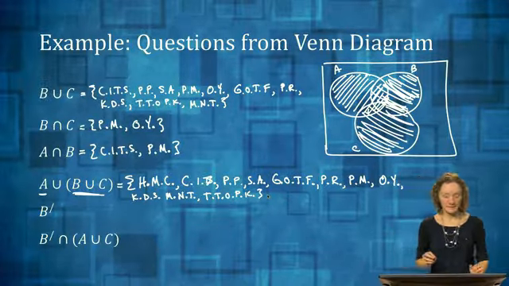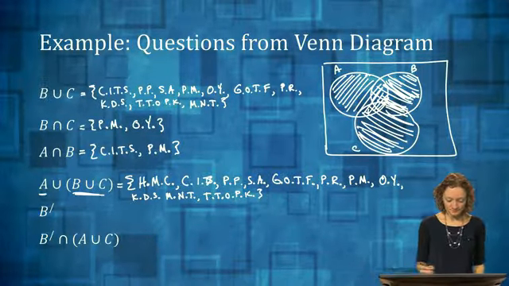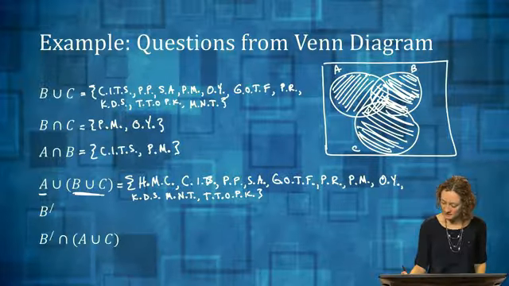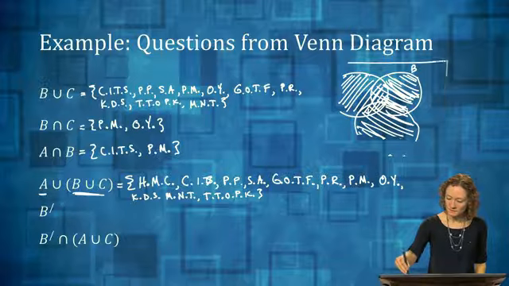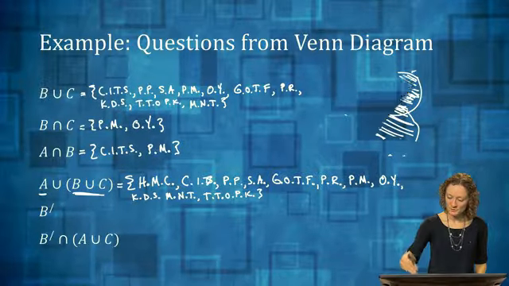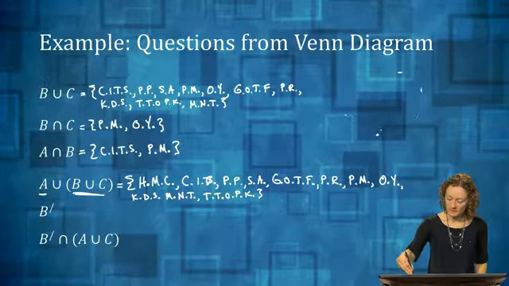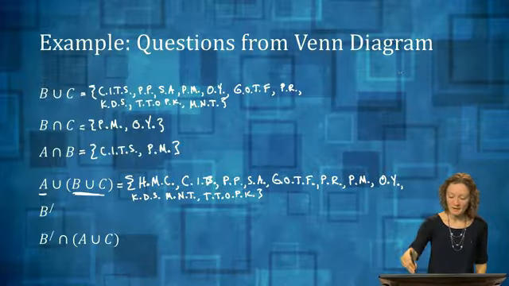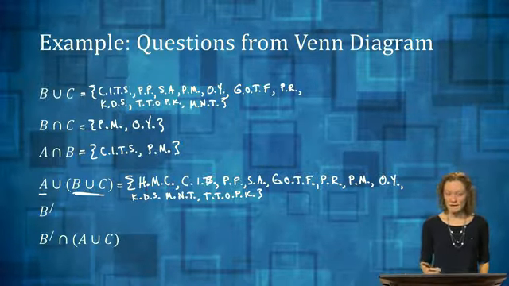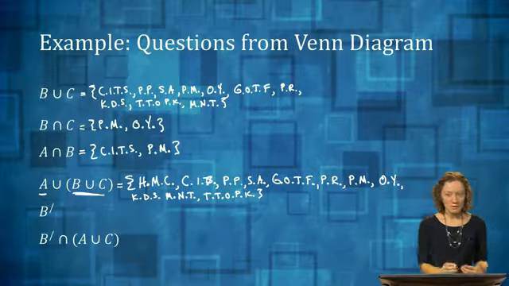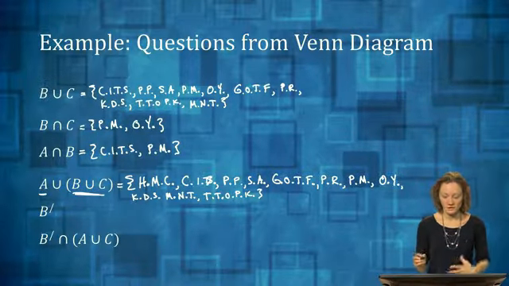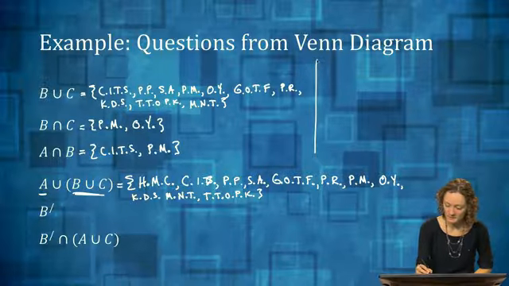All right. The next one is B complement. So let's get an idea of where this would come from. And as I'm setting this up, let me remind you that you don't have to find the answers from the picture, but as the ideas get more complex, it becomes really difficult to do it without the visualization.